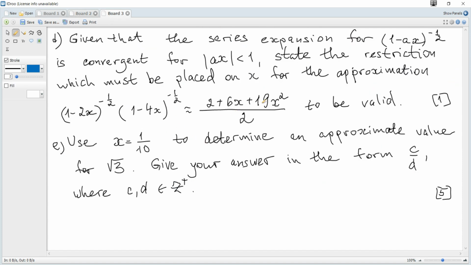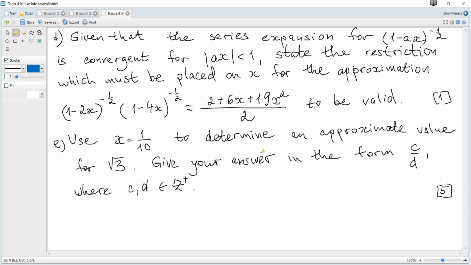D. Given that the series expansion for 1 minus ax to the power negative a half is convergent for the absolute value of ax less than 1, state the restriction which must be placed on x for the approximation to be valid. So we should consider just this to be valid.